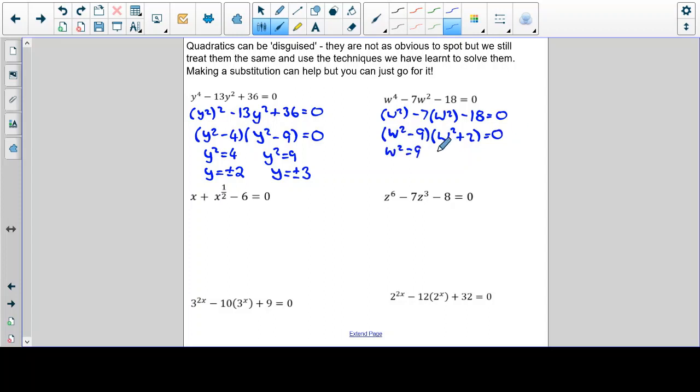So this one gives us that w squared has to equal 9, and this one, w squared has to equal negative 2. So here, by square rooting, we get plus and minus 3. Here we can't square root, because we can't square root a negative.